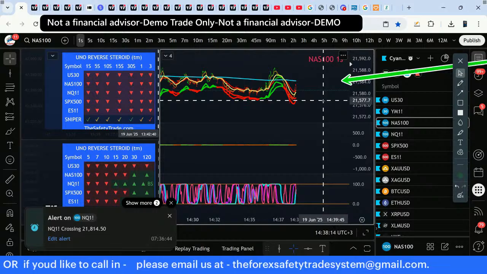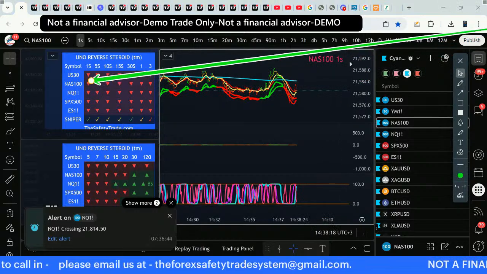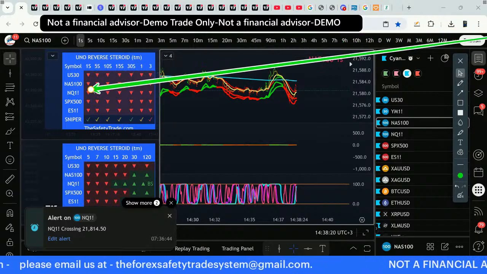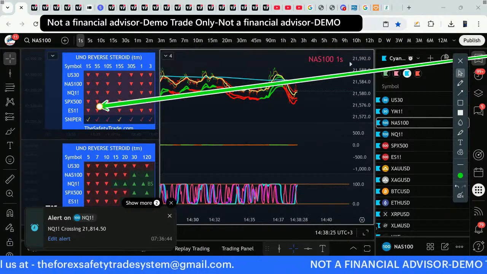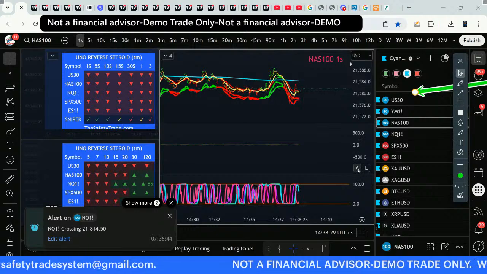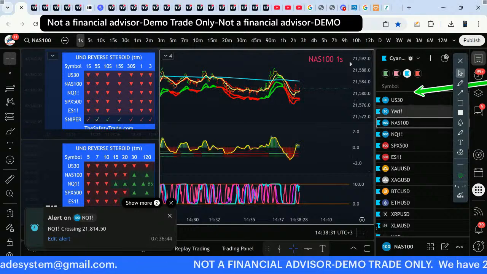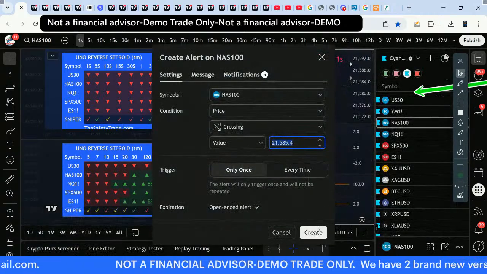You've got to be patient. The logic behind the Uno reverse will wait for us and tell us the first time frame has changed on all these. Then we'll see the 5 seconds and we'll start clicking in. But nonetheless, I like jumping the gun early, so I'm going to go ahead and call it again. 1 second buy stop for NAS and all the rest of them to their respective blue lines.